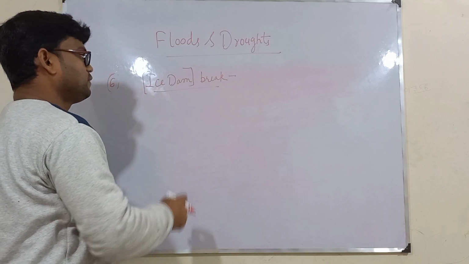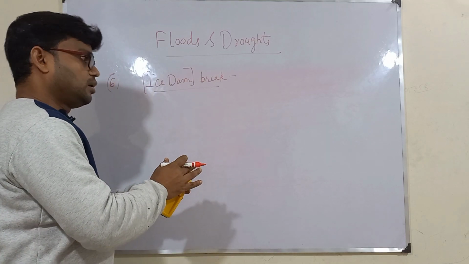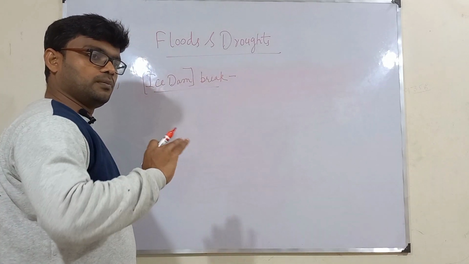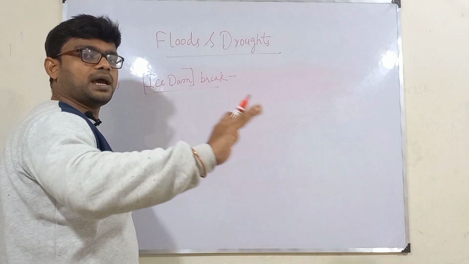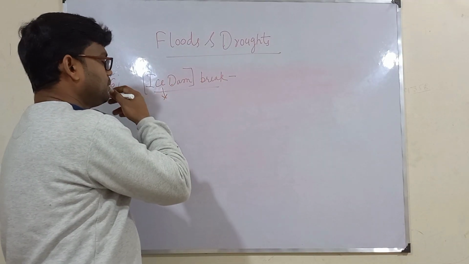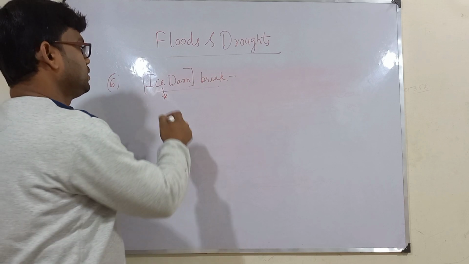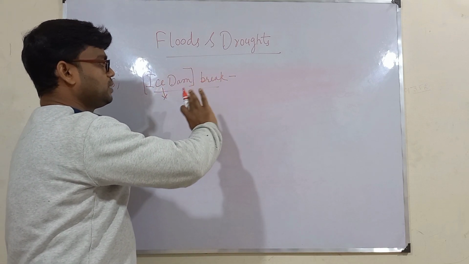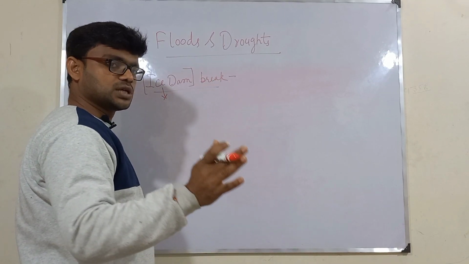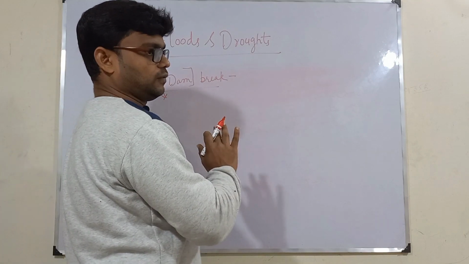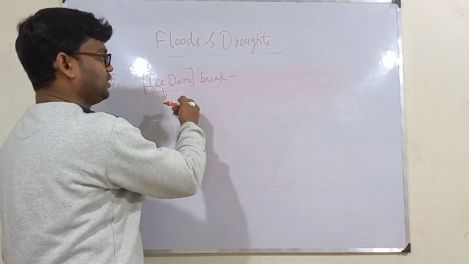Ice dam here refers to a huge amount of ice which blocks a large amount of water behind it. When, during summers or due to any other reason, this ice breaks, the water stored behind the ice dam rushes out suddenly with a huge flow, and that causes flash floods.